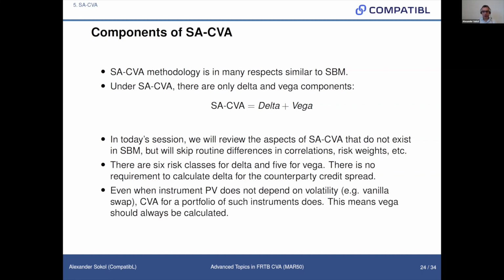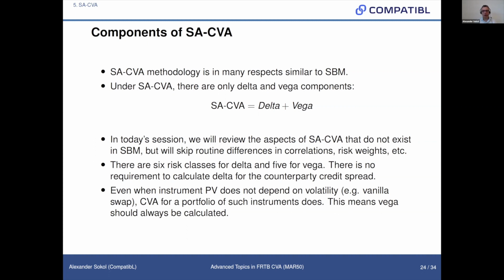And even when the instrument PV does not depend on volatility, for example for the vanilla swap, CVA on a portfolio of such instruments does, because CVA is based on the expected value of potential future loss. The future loss depends on what kind of P&L we have with the counterparty, and that P&L depends on rates going up or down. And volatility makes the rates or market risk factors go up and down more or less.